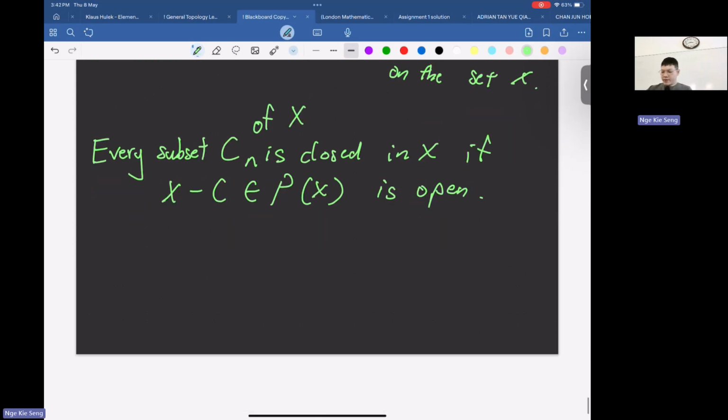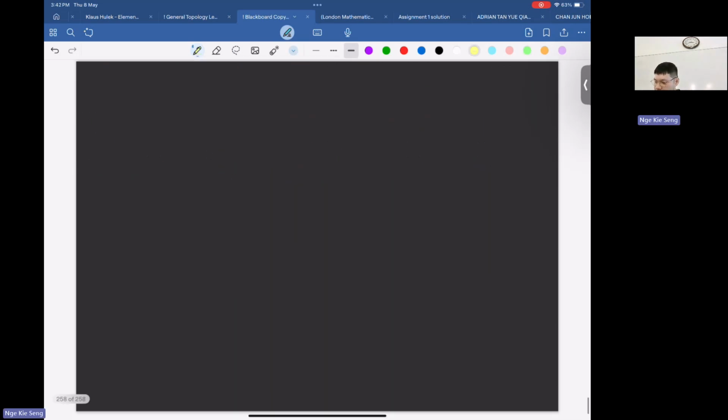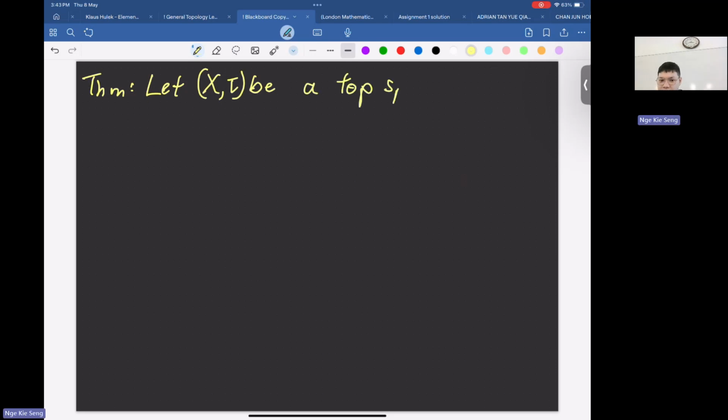So similarly, we will prove the following. Let (X, tau) be a topological space.